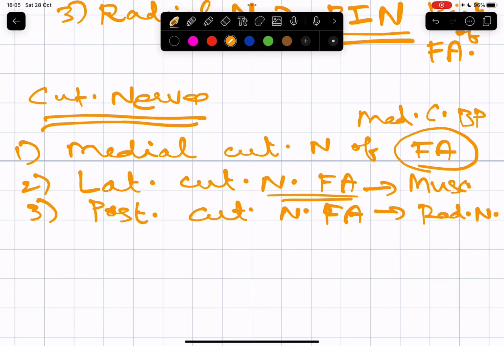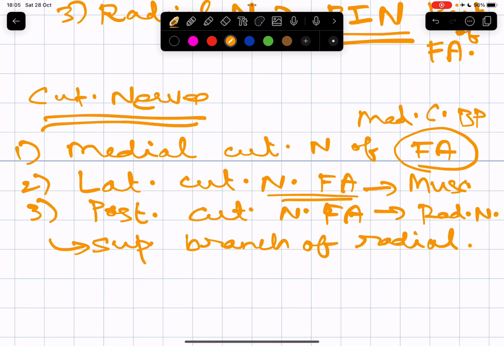Right. In addition to this, we also have the superficial branch of the radial nerve, which does not supply any structure or skin of the front of the forearm. It actually supplies the back of the hand. In fact, 2.5 or 3.5 digits on the back of the hand are supplied by the superficial branch of the radial nerve.